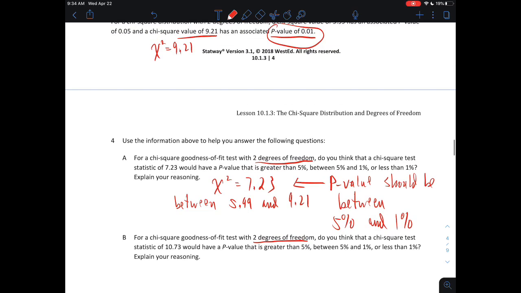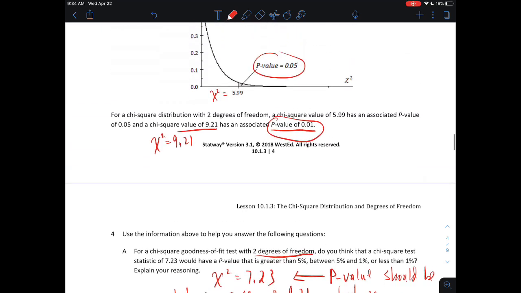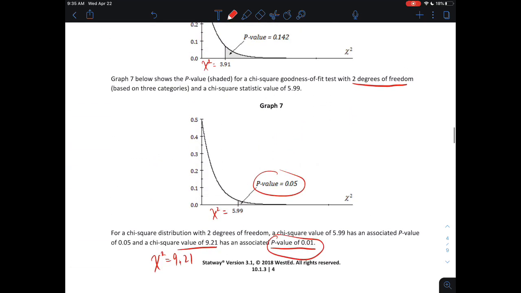So now notice this chi-square value, 10.73, is greater than the 3 on the previous page. But also let's notice as the chi-square values increase, we had 3.91 and then 5.99 and then 9.21. What happened to the p-values? They started at 0.142, then went down to 0.05, then went down again to 0.01.